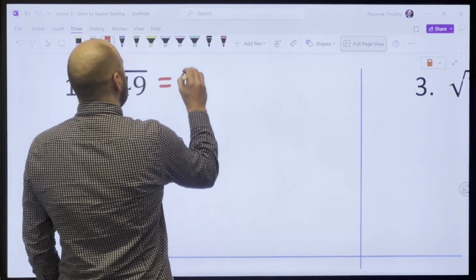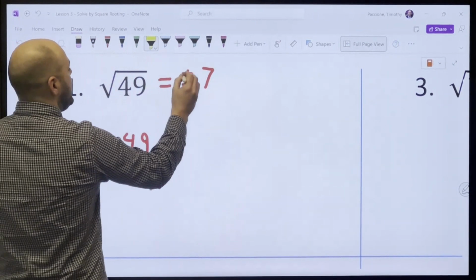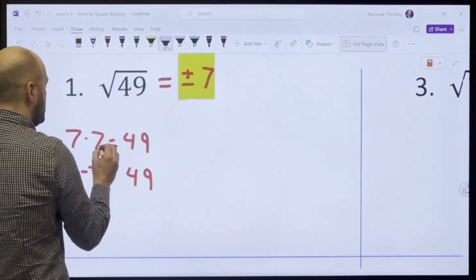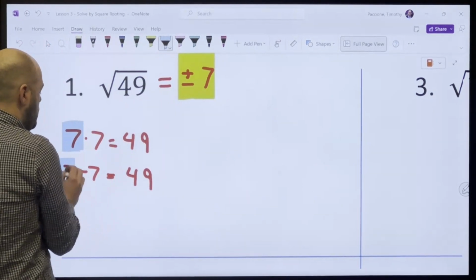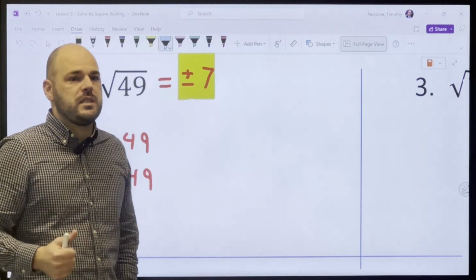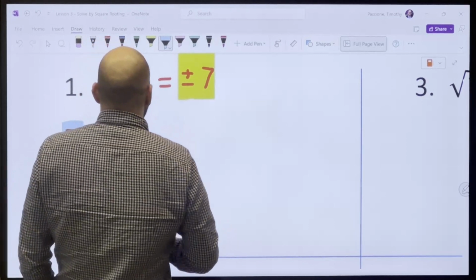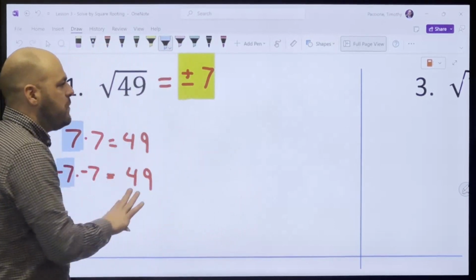So our answer is plus or minus 7. We write plus or minus because that accounts for both possibilities. That's what we're saying: plus 7 or minus 7, right? Okay, so that's if we have a perfect square.